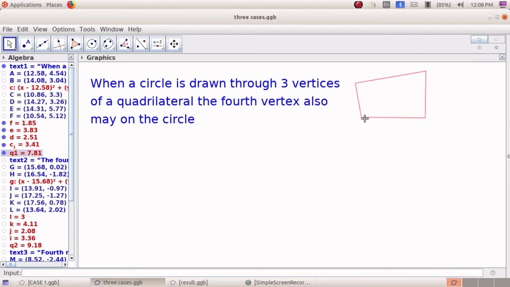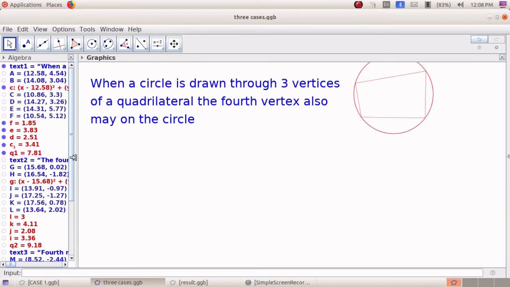If you try to draw a circle through these three vertices, we know how to draw the circumcircle of a triangle. With that method, we know how to draw a circle through these three vertices. At that time, when we draw such a circle, the fourth point also may fall on that circle. Such a possibility is there.